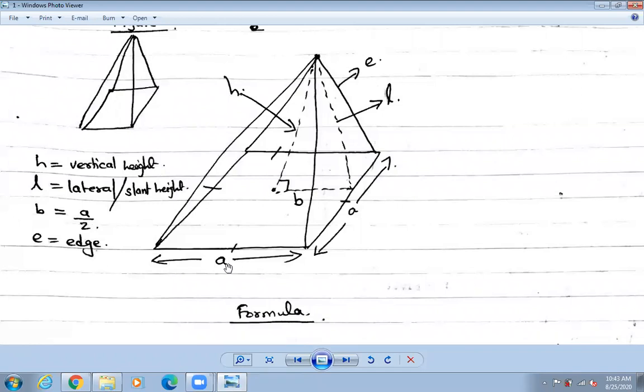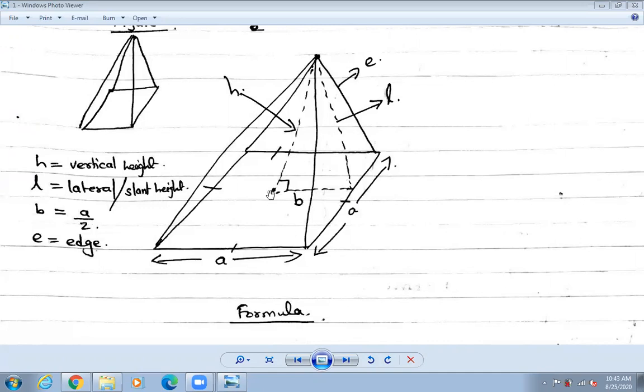We call this A. Suppose this is 10, then this is also 10, because this is a square and all sides are equal. If it is 10, this is also 10, this is also 10, this is also 10. So this is A, and this is A too. And this is the half of A.